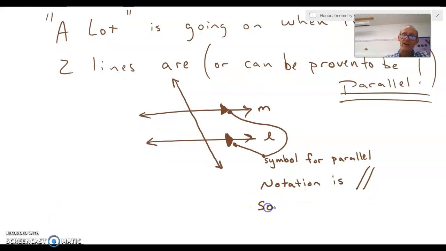So in this diagram, L is parallel to M. We still have these 8 angles, 1, 2, 3, 4, 5, 6, 7, 8.